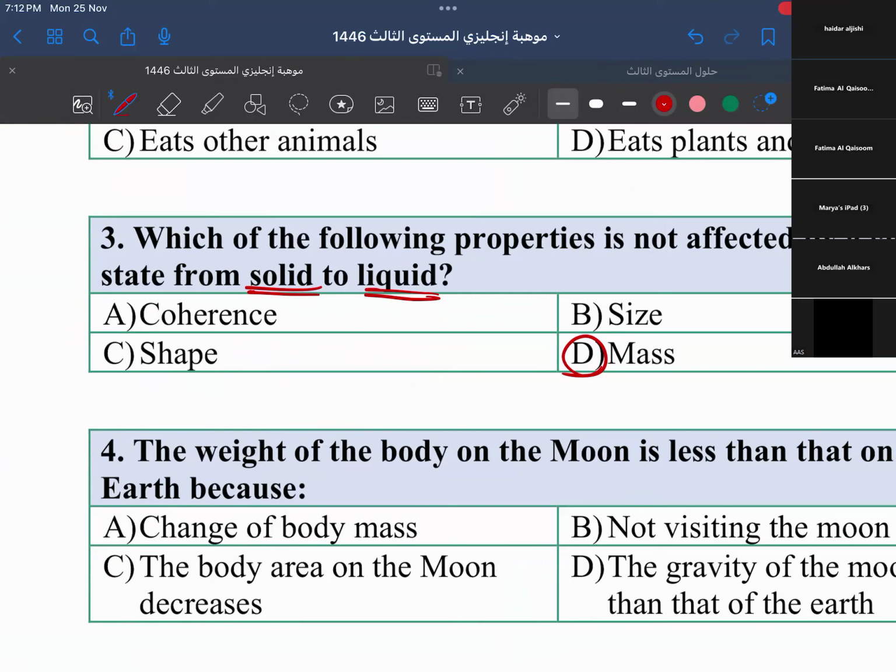As for size, you see that when you, for example, put a bottle of water inside the freezer and suddenly it bursts, or when you take a frozen one and try to open it and the water starts to leak. I don't know if you experienced this before.